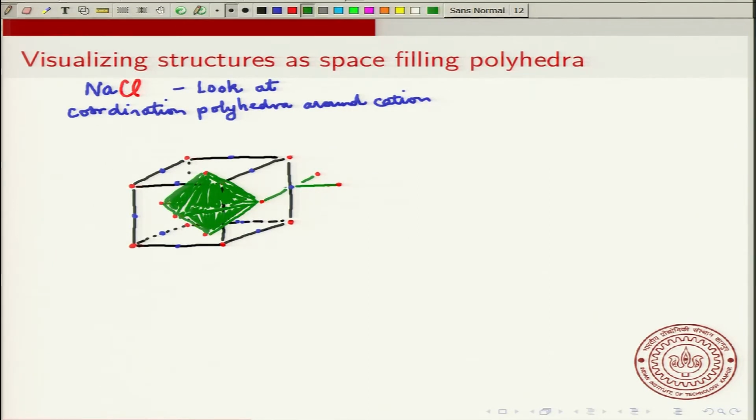Another one that is here. This is in the plane on the back. So, these are the six nearest neighbor chloride ions, and you can again see that they will form this octahedron.